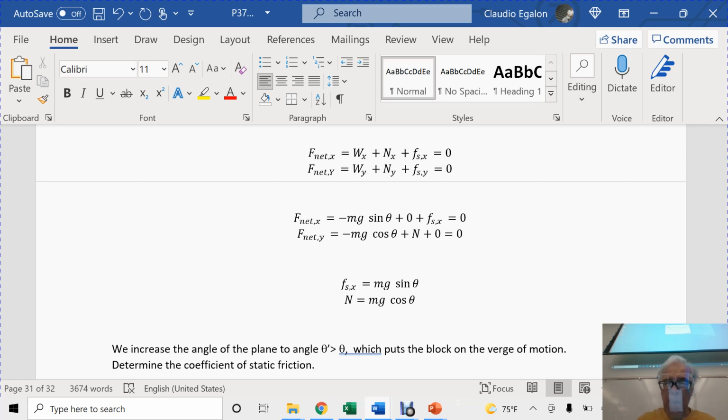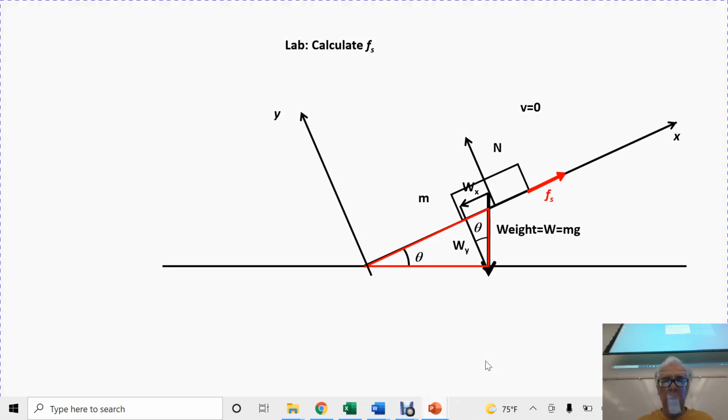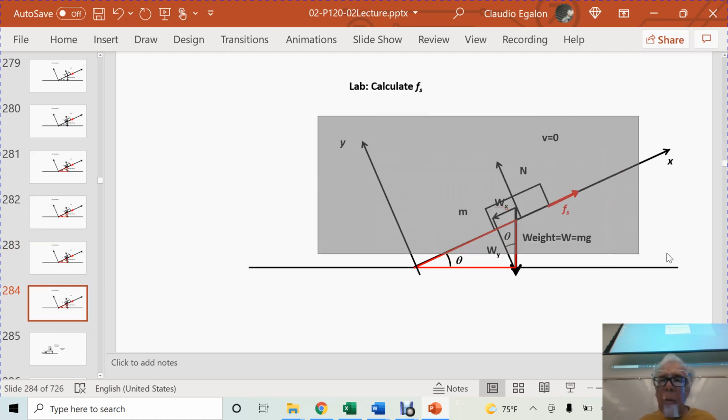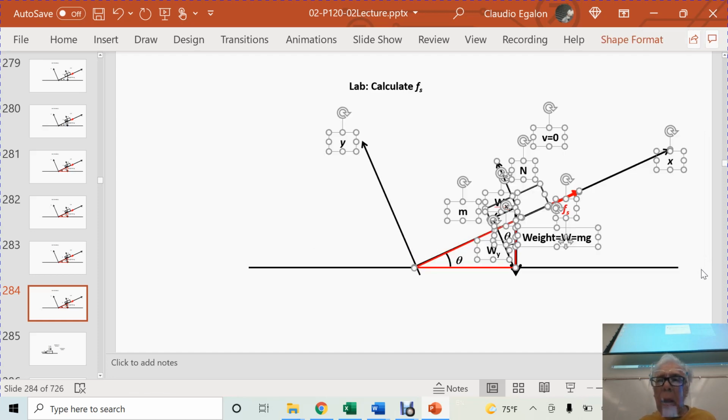Okay. So we're gonna go to our drawing here. Always illustrate. I'm gonna increase the angle. Let's see here if I can do that in an easy way. Did I get it?